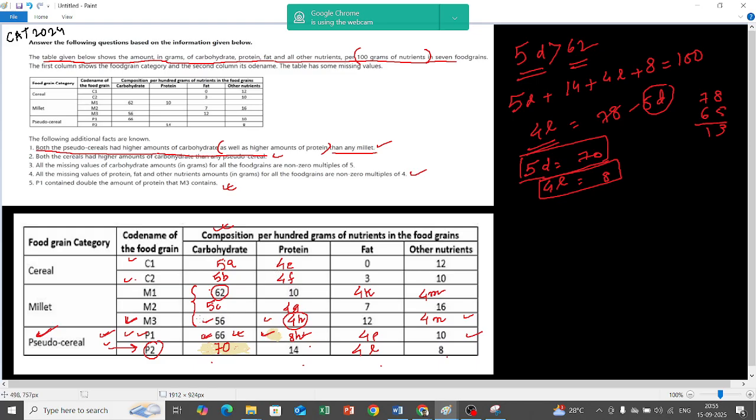So now you tell me, 5A, okay. So since both of these are unknown, you see 5A and 5B, both of these are unknown, right?